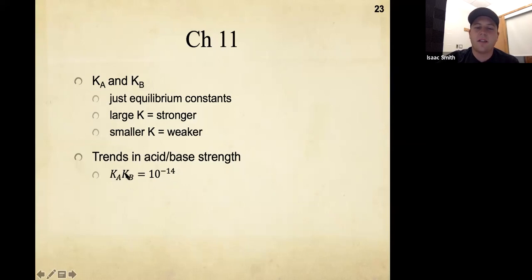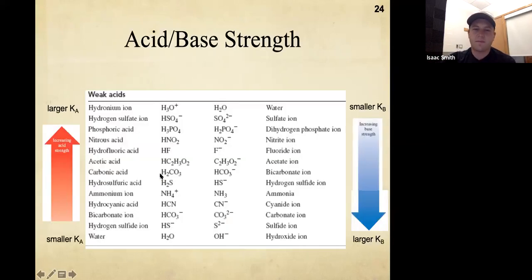So you can go between Ka and Kb for conjugate acid-base pairs using this equation. And that idea shows you that Ka and Kb are inversely related, or strengths of acids and bases are inversely related. For example, hydrogen sulfate is a decently strong acid, but its conjugate base is going to be very weak. So you can see that relationship between those.